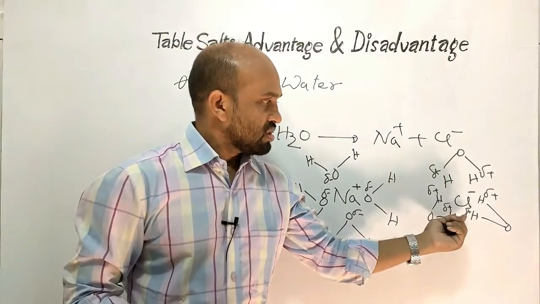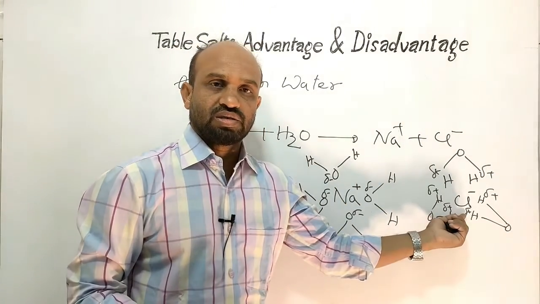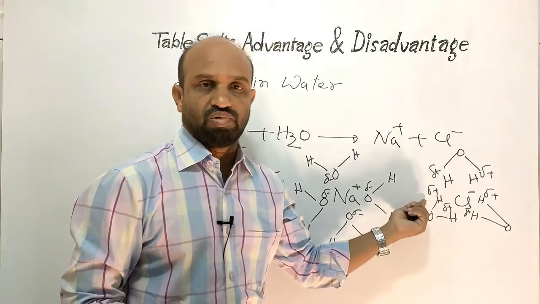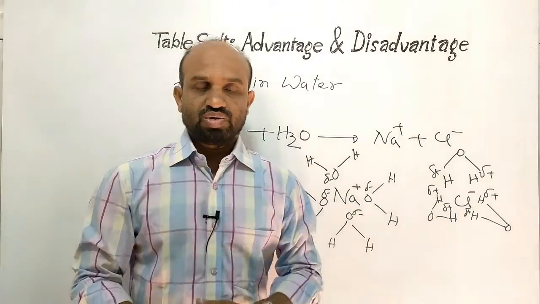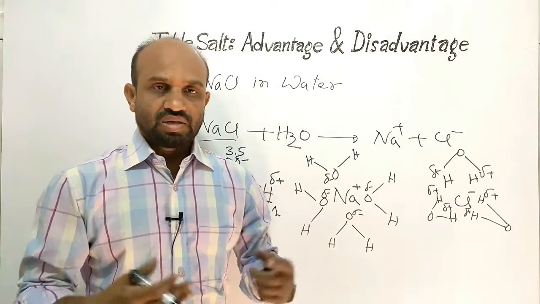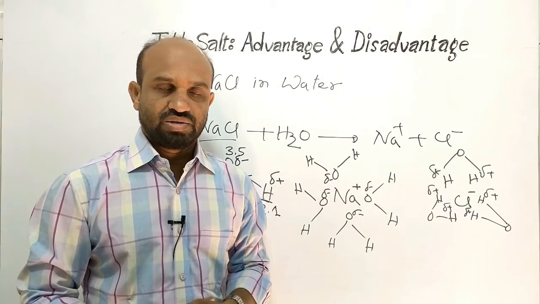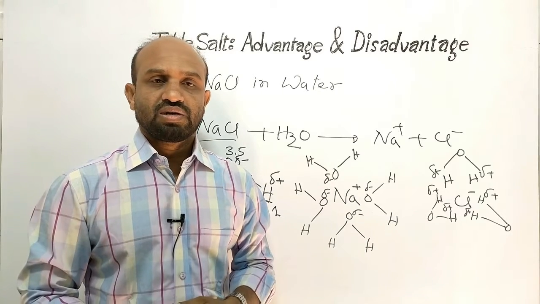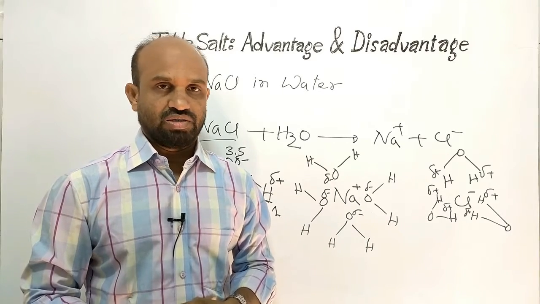Similarly, chloride ion is surrounded by some water molecules with the positive end of water molecules. So sodium chloride carries water molecules. This is the important chemical nature of sodium chloride.